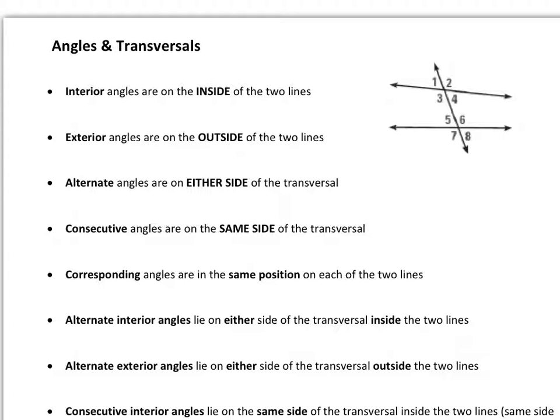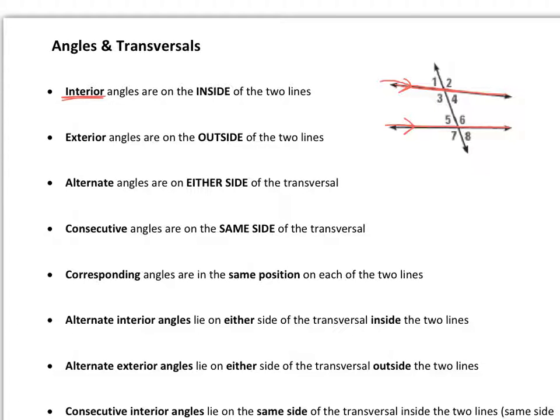For starters, let's go over interior angles. So interior angles are going to be angles that are on the inside of the two lines. When I say two lines, I'm talking about this line here and this line here. And sometimes these two lines I'm drawing in red are parallel to each other, and sometimes they're not. If they were parallel, they would tell us, or they would put these cool little arrows on them.